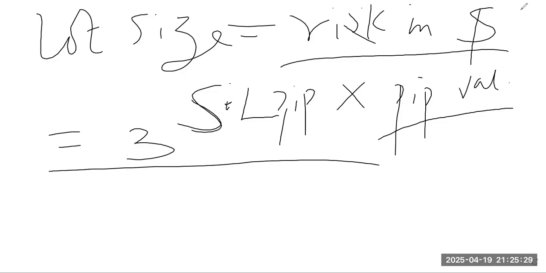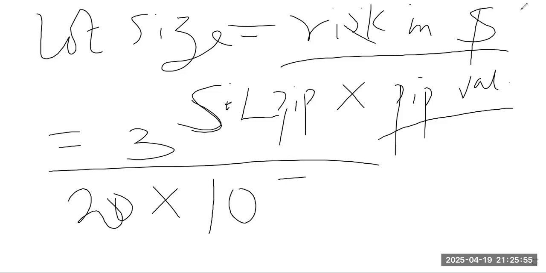Your stop loss pip is 20, times pip value. Let's say you are using a standard lot account. What's the pip value for a standard lot account? If that standard lot account moves 1 pip, what is the value of 1 pip? The value of 1 pip is $10.